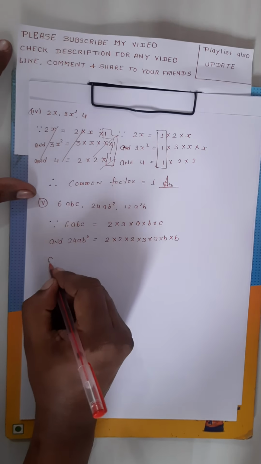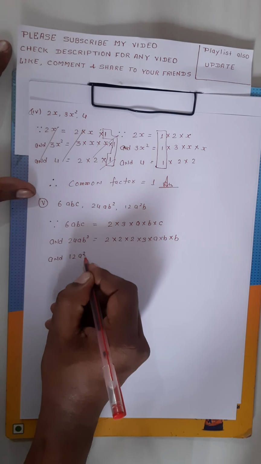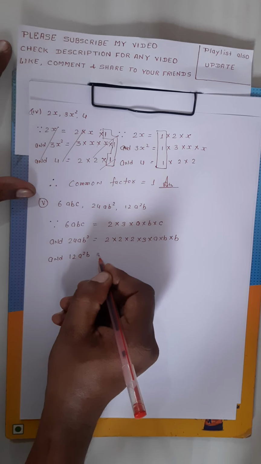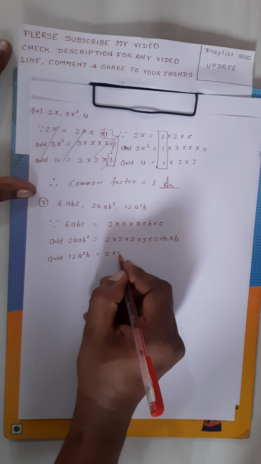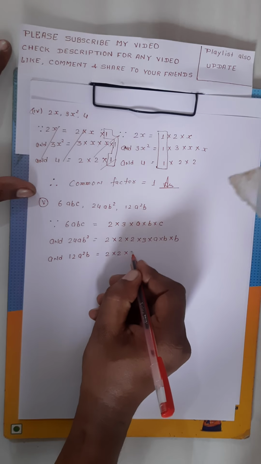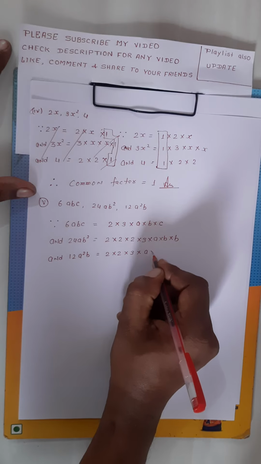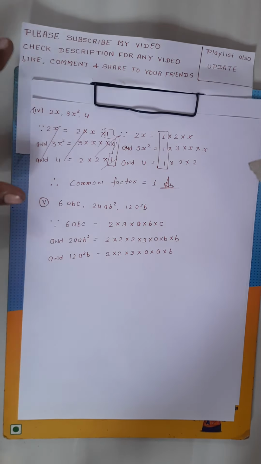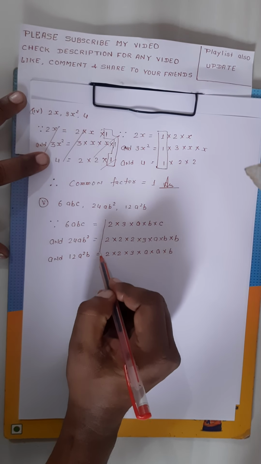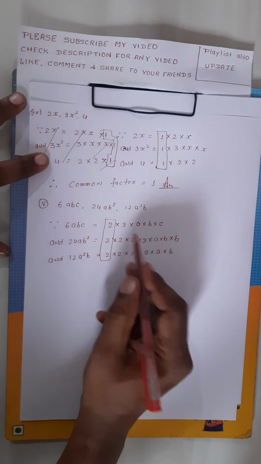And 12a square b is equal to 2 into 2 into 3 into a into a into b. Again we will make groups of these things.